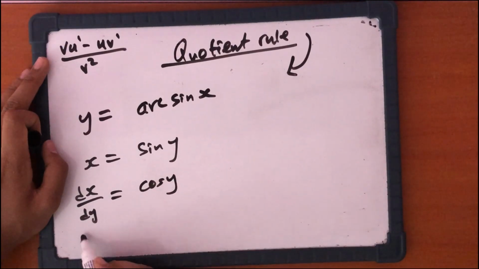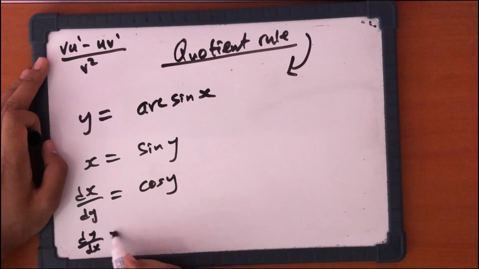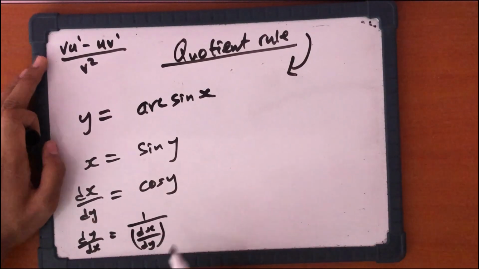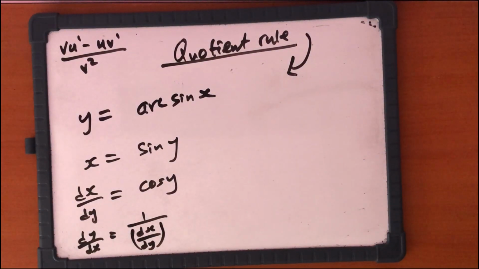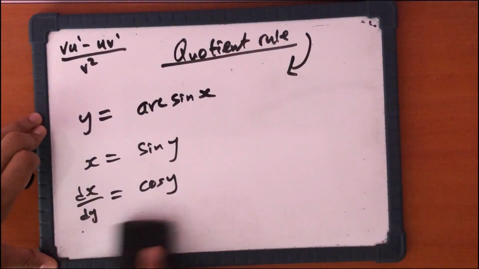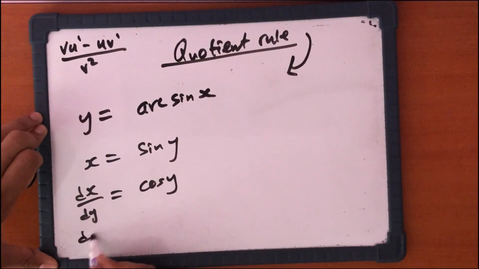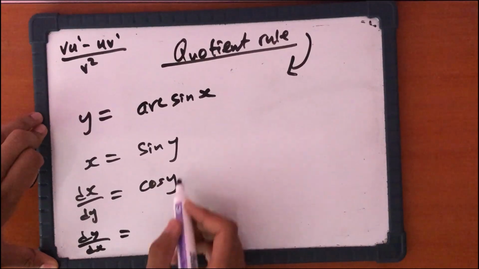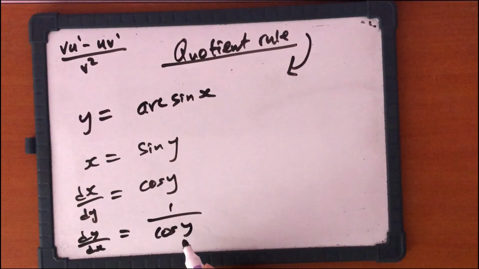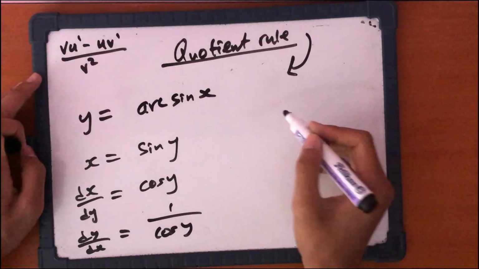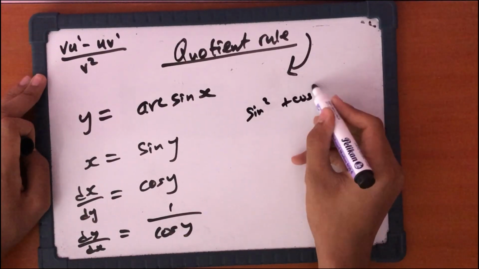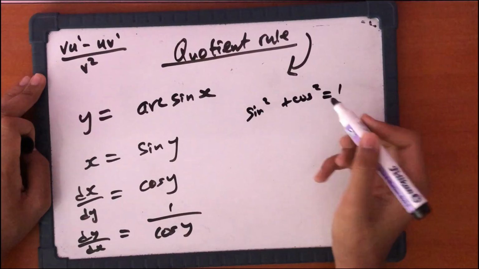So again, as I said before, dy/dx is 1 over dx/dy, didn't I? So dy/dx is 1 over cosine y, because cosine y is dx/dy. But then remember, sine squared plus cos squared is 1.